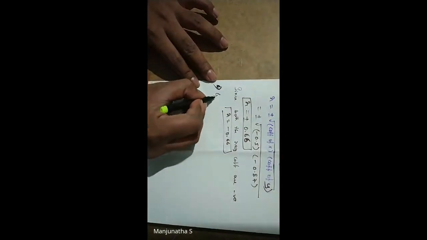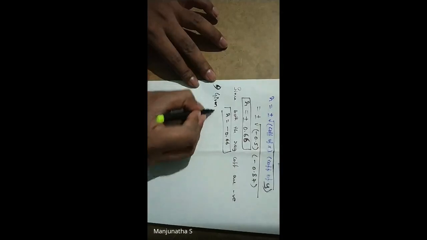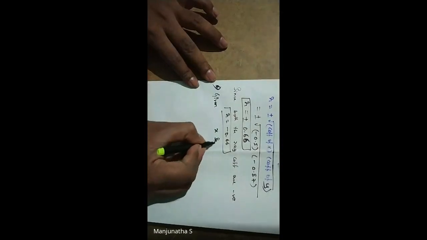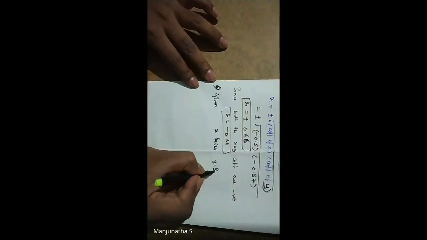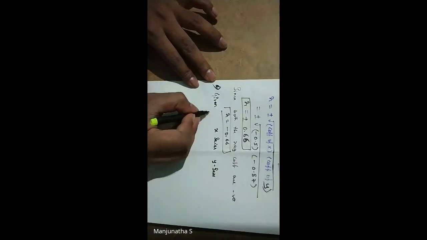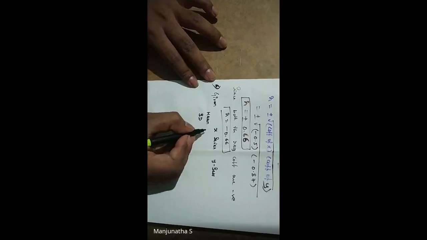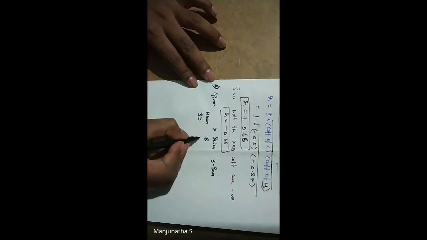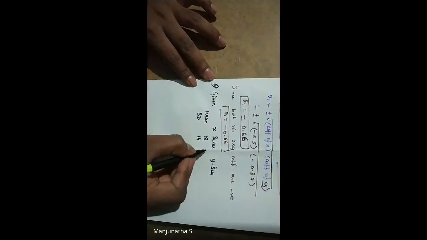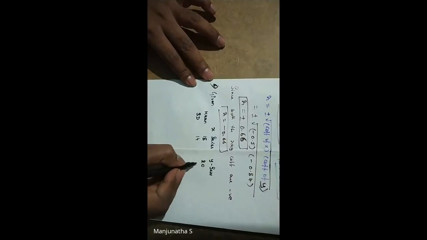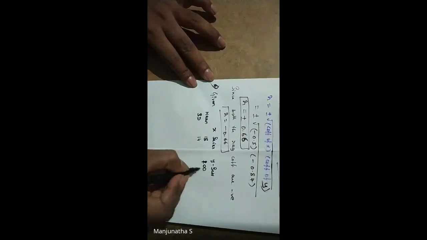So next question, they have given the X series and Y series. In that they have given SD, which is nothing but sigma. That is 18, 14, 100, 20.